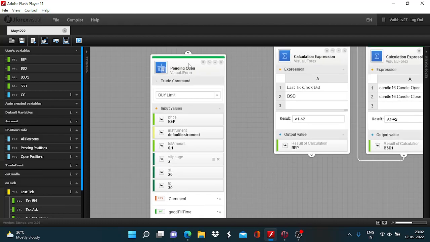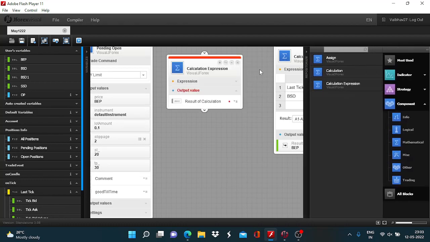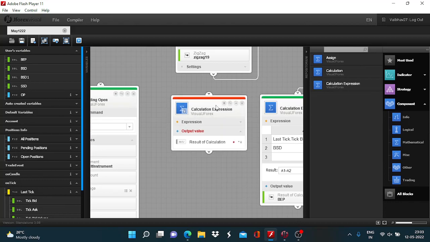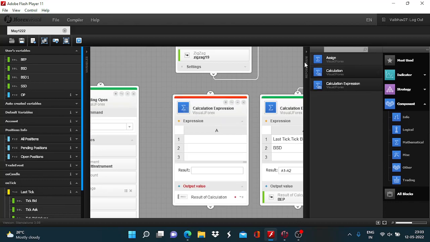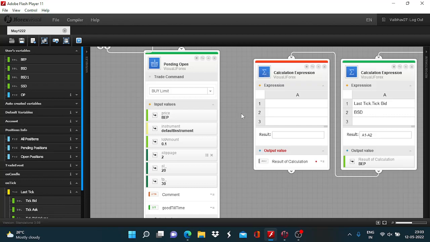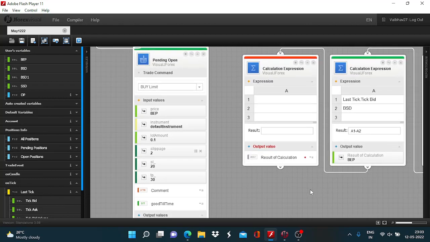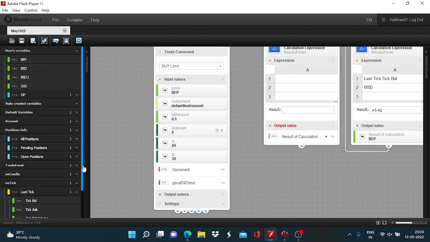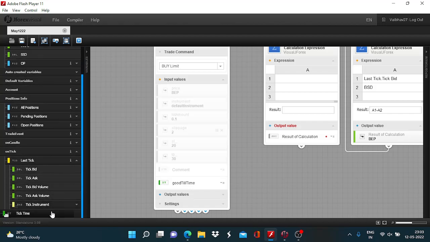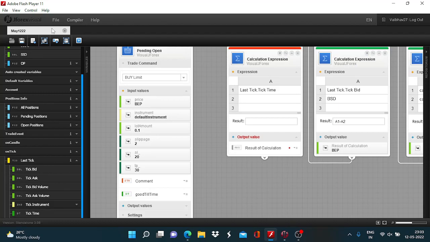So for that, we need to define a new variable. So again, calculation expression block is required. We take last tick time and add 3.6 million ticks multiplied by 2.